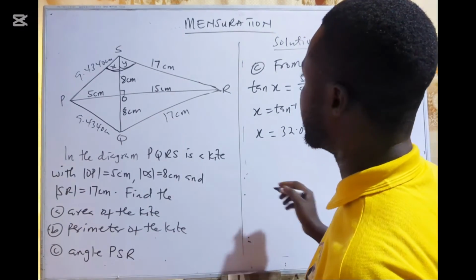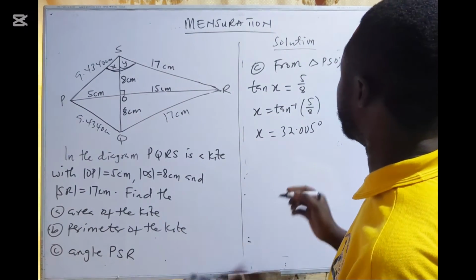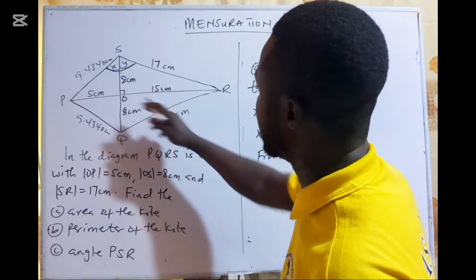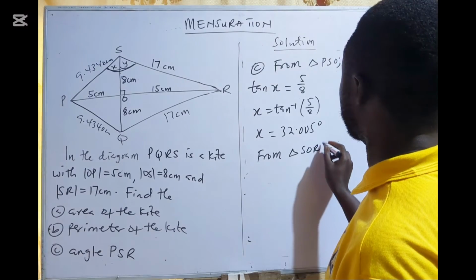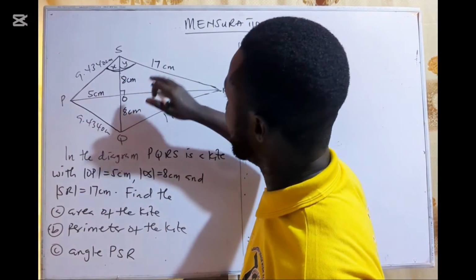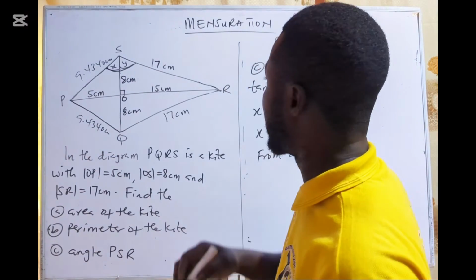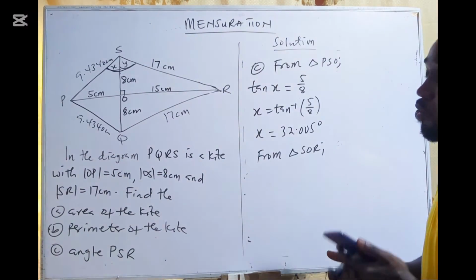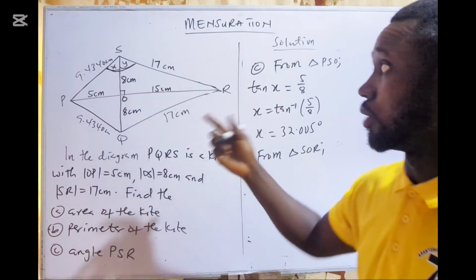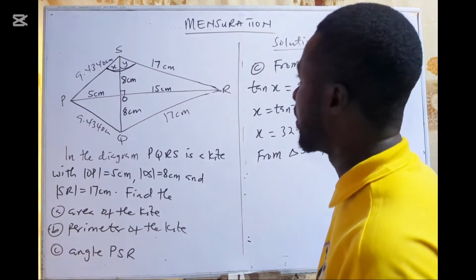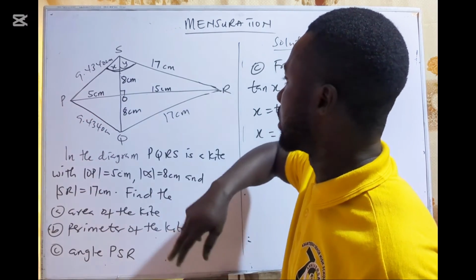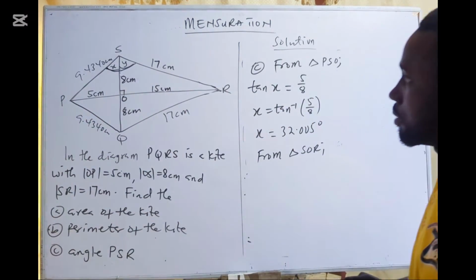Let me find the Y. For the Y too, I can say from triangle SOR, Y is here. Let me use what was given in the question, 8 and 17. Why do I prefer using what was given in the question? So that even if the values you calculated are wrong, it won't affect this particular answer. The Y is adjacent to 8, and then the 17 is the hypotenuse.